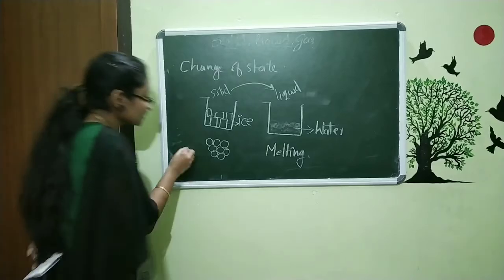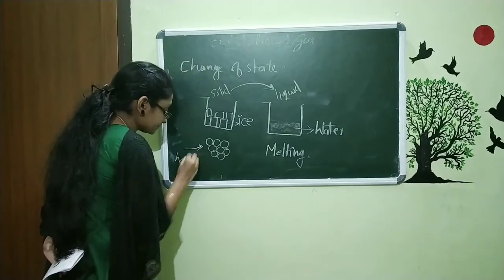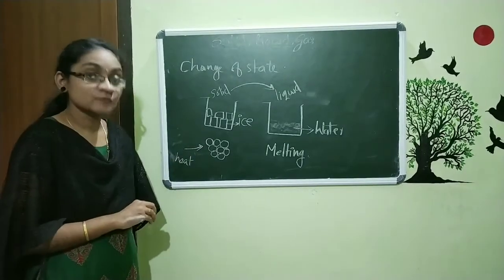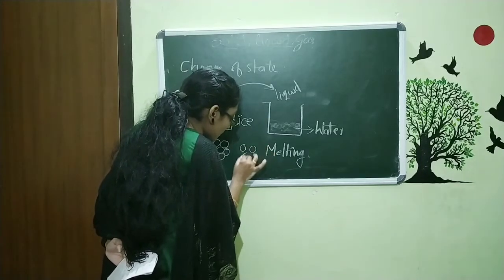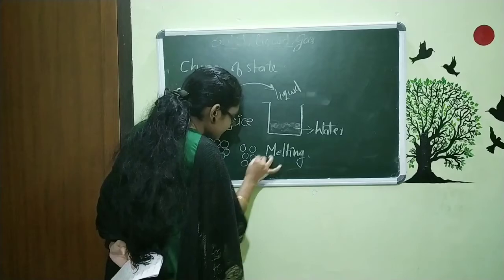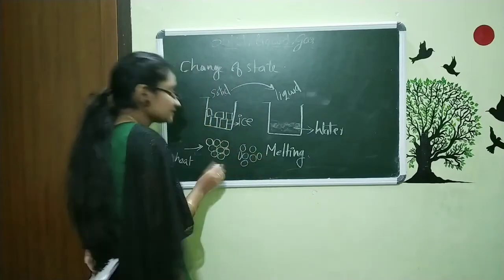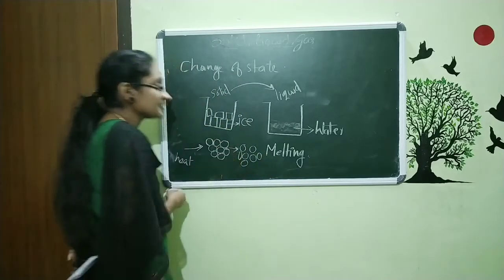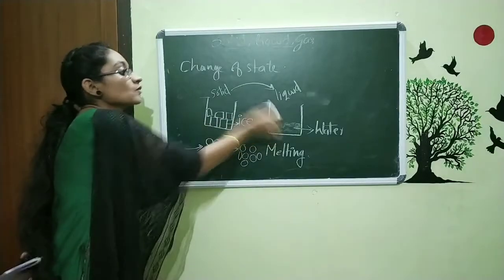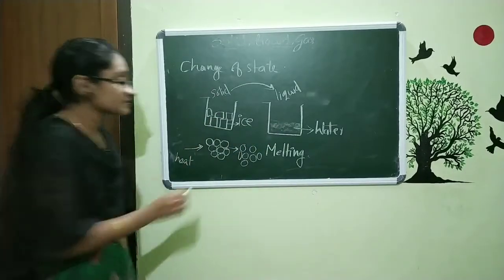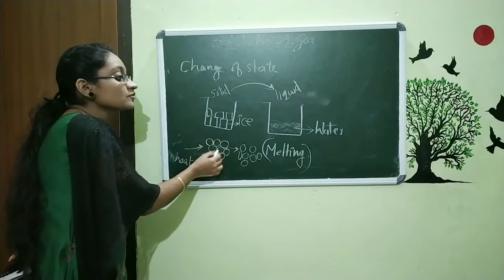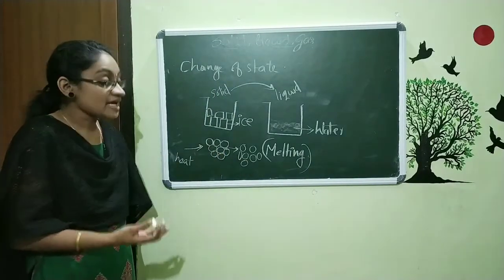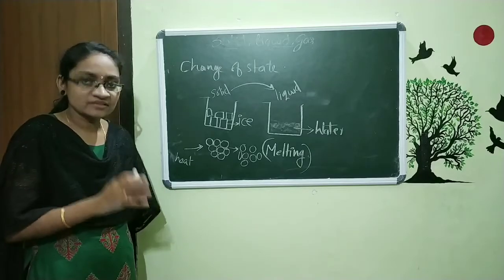And when we give heat to this, within the liquid the space gets more. So this is what happens within the ice cubes and water, and we call that process melting. Here, the space between the molecules increases and the attractive force decreases.